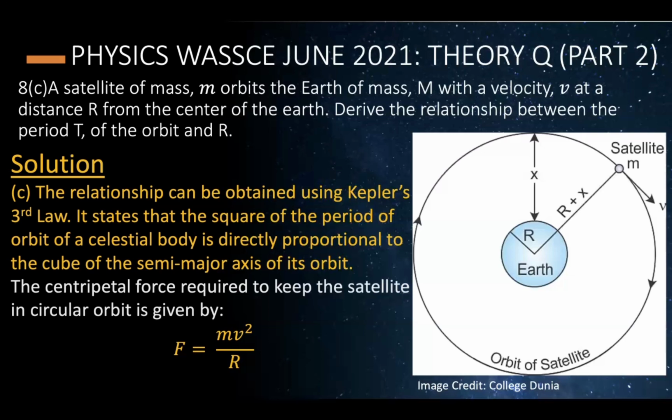We are now in the process of figuring out the forces at play, because the forces at play will help us to get the relationship. We mentioned centripetal force because this is the force that enables an object to move in a circular form. As we can see, the satellite is moving, not perfectly circular, but in an elliptical form, around the earth. That is centripetal force in action.